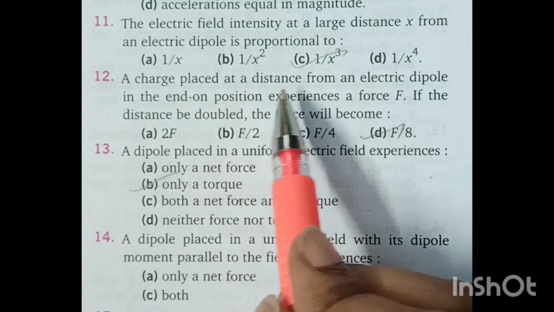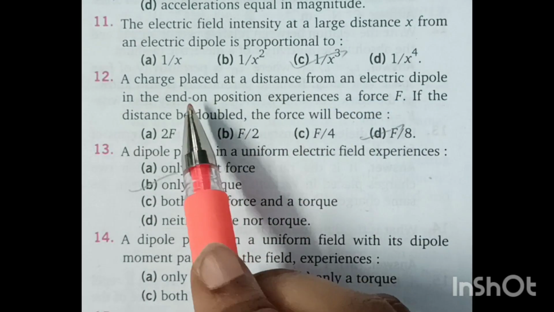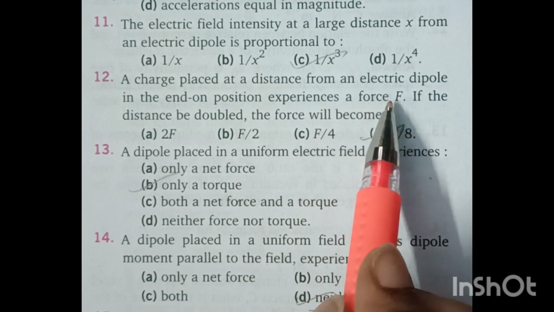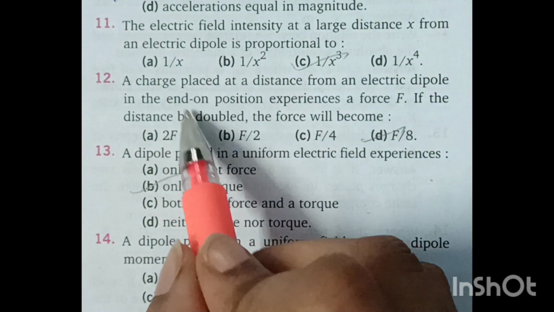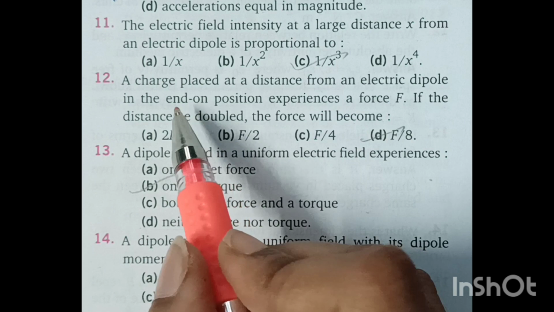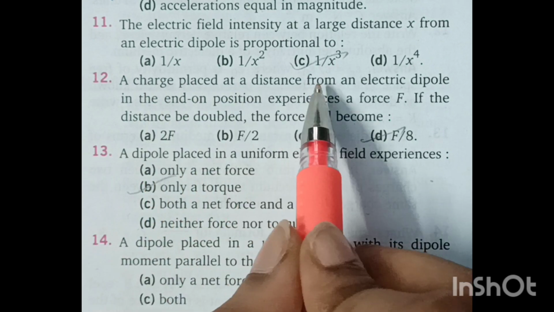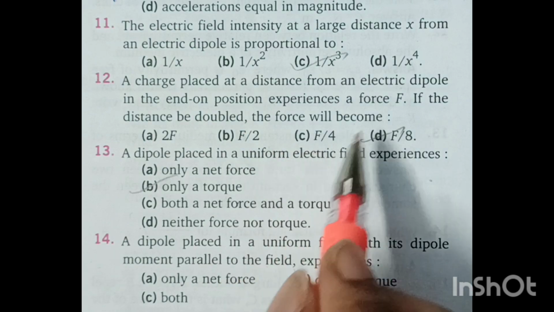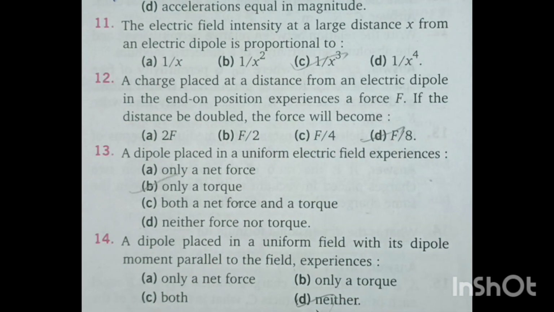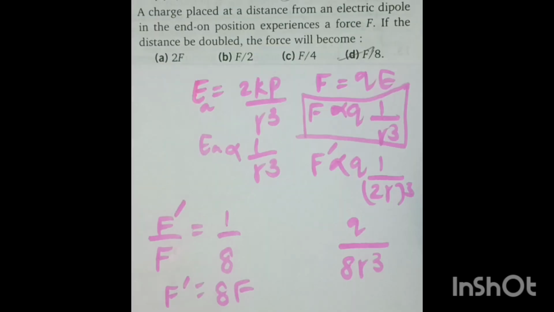A charge placed at a distance from an electric dipole in an end-on position experiences a force F. If the distance is doubled, then the force will become... End-on position is nothing but the axial position. So let us see the answer.